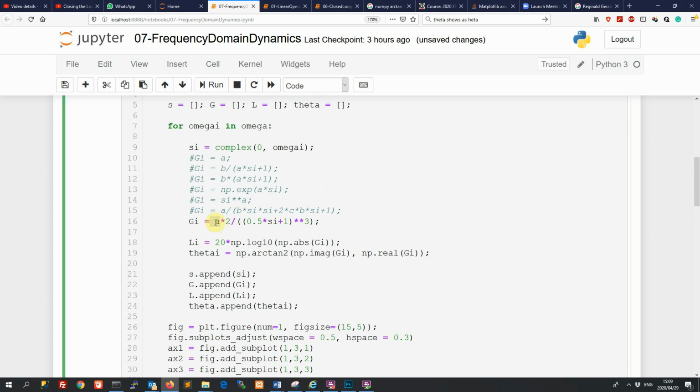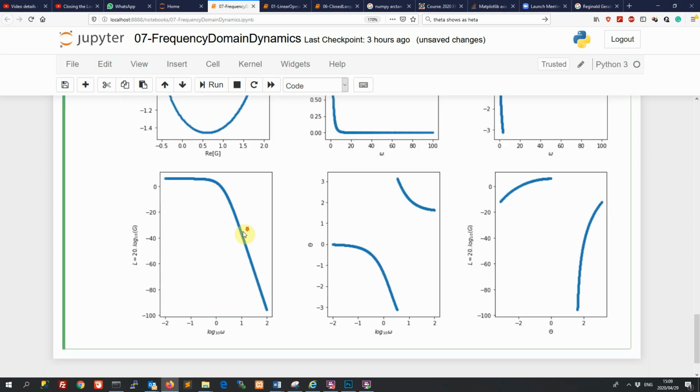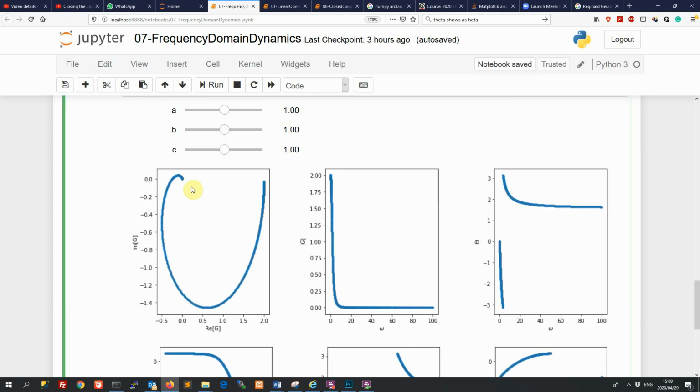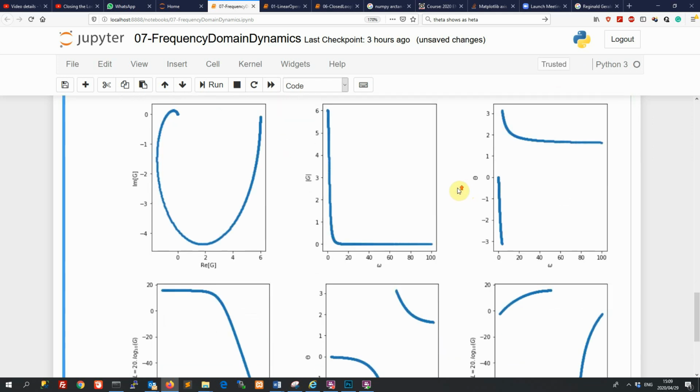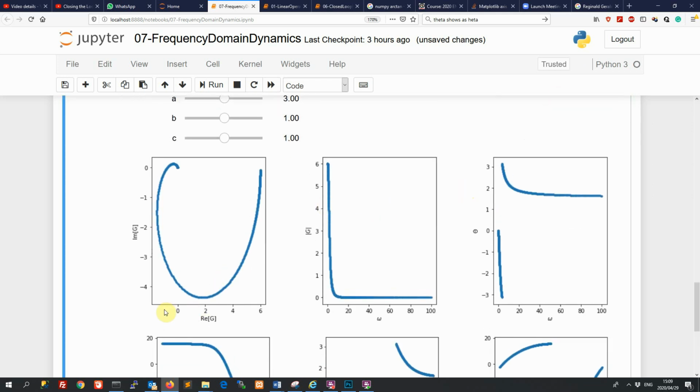There's our kp. As we increase a, we shift this curve around. At the moment, it's not that close to -1, 0. Now let's increase the value of a to 3. You can see now -1 is sitting here, and we are getting close to that point.